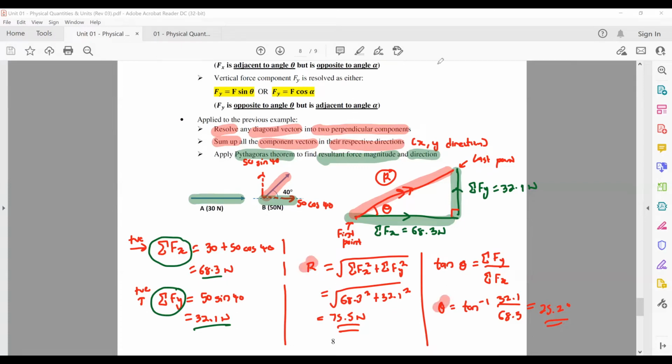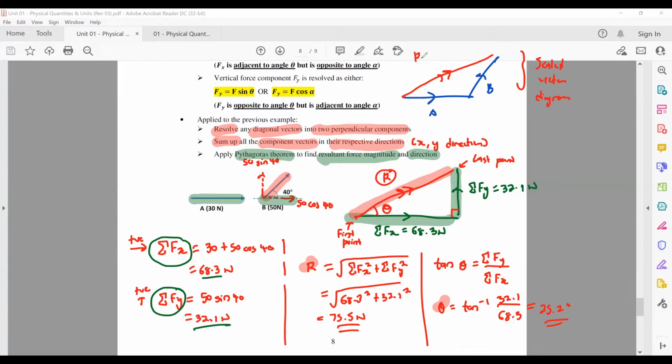If you compare with the previous example where you draw a scale vector diagram from head to tail, I will just draw a simple diagram here. You draw vector A, you draw vector B, and then you say that the resultant is here. This one was using a scale vector diagram.